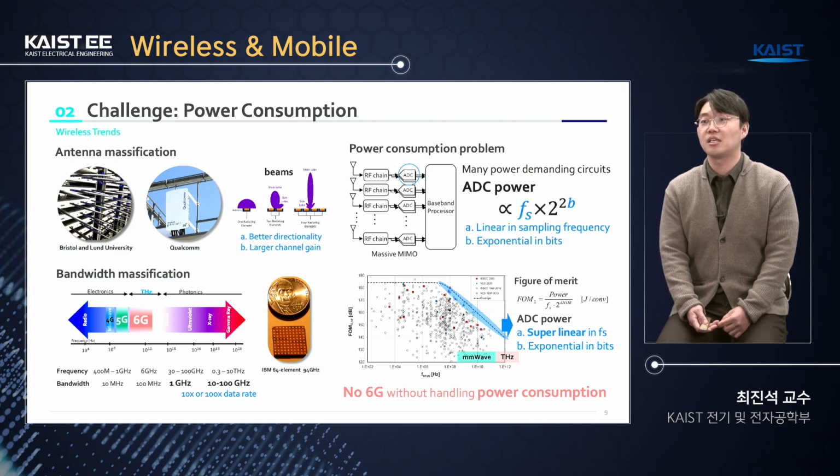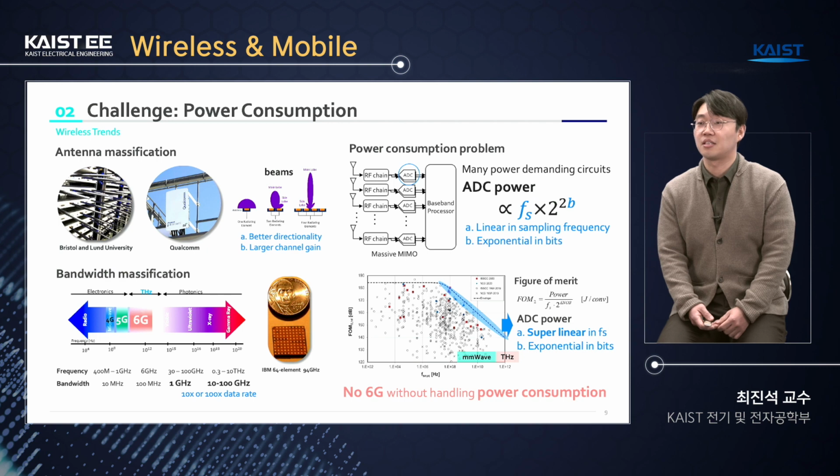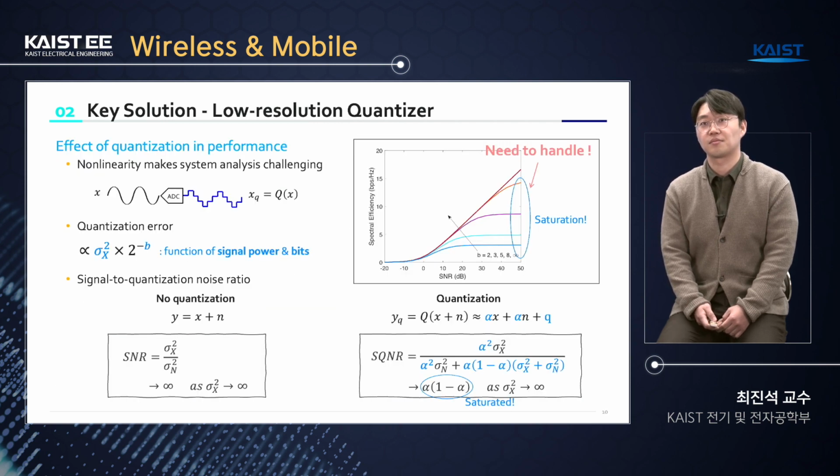As you can see in the figure on the bottom right, millimeter wave communications and terahertz communication can further increase the power consumption of the ADC devices. Therefore, the ADC uses significant power, which is not affordable for most vendors. So I believe there is no 6G without handling such power consumption issue.